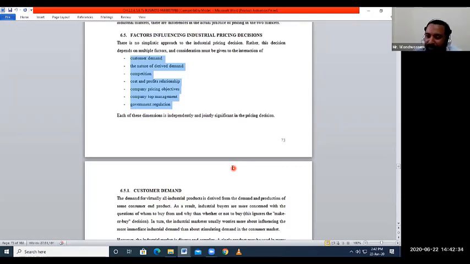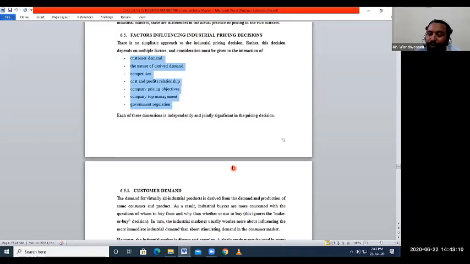To maintain the market, you can set a certain price, or to take over market share, you can set a different price, or in some cases, you can set a price to get a target market. So there are at least 5 pricing strategies or objectives in any organization.